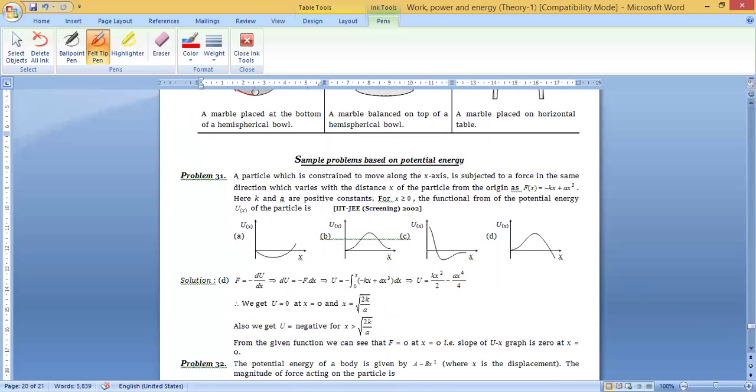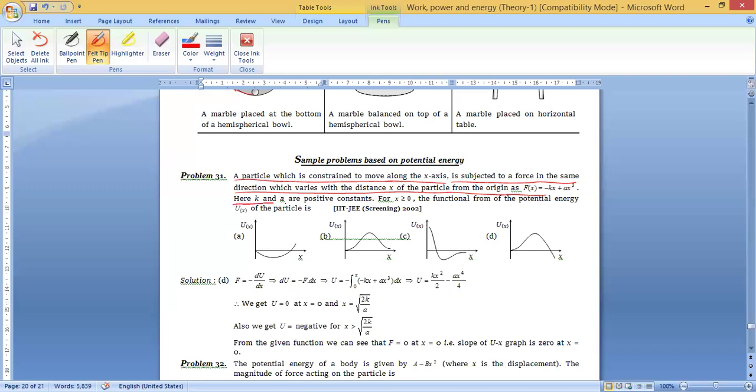A particle which is constrained to move along the x-axis is subjected to a force in the same direction, which varies with distance x of the particle from the origin as F of x equal to minus kx plus ax cube.